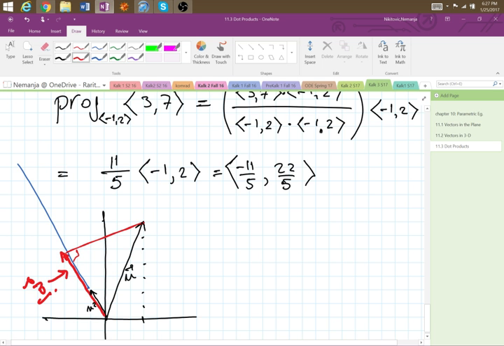Now, as always in mathematics, it's fascinating how everything works every time. You see that this short vector here is actually shorter than the projection vector. And you see that in your calculation, where the vector v, the black one over here, was multiplied by a number that is bigger than 1.